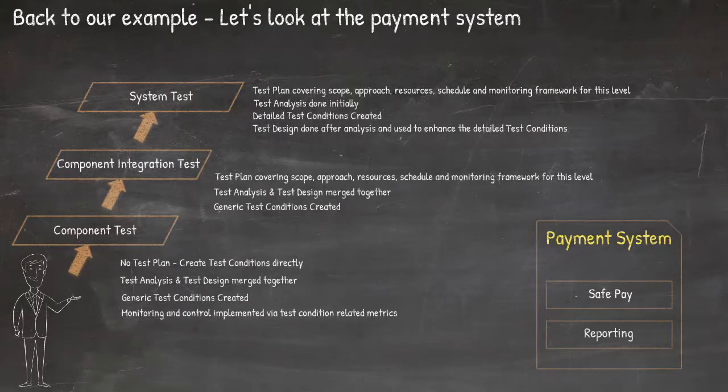At this stage, we decided to have detailed rather than generic test conditions and test cases in order to have a more thorough tracking, increased traceability, but also to offer us the possibility to prioritize and prepare the scope for an optimized execution coverage.